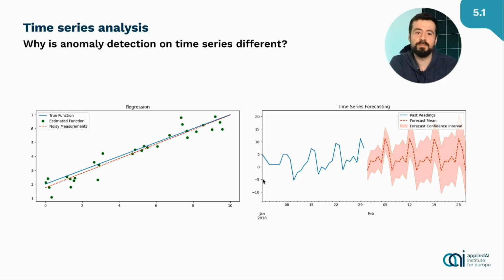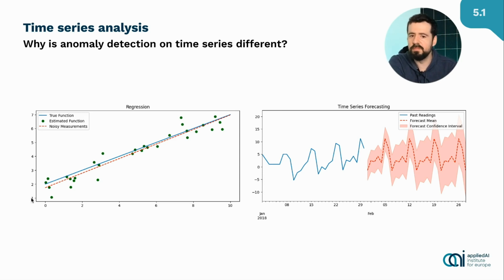Okay, why is anomaly detection on time series different? I think the difference is best seen if we compare the typical task that we have on a time series with more classical tasks. For instance, let's have a look at a classical regression task and, in the time series domain, the more common task of forecasting. In a regression task, we have the independent parameters. In this case, this is only one-dimensional, the x that you see down below, and we have the dependent parameter, the y.